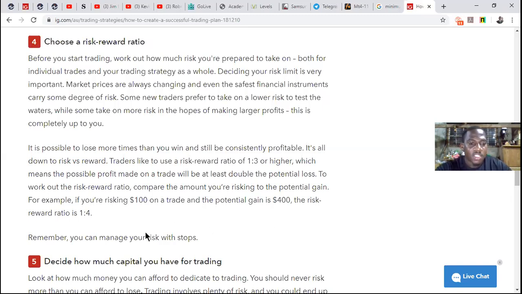Remember, you can manage your risk with stops or stop losses, right? So Stevenson goes for that low risk, high reward strategy, right? Where he could enter a trade and he could get stopped out because there's only 11 pips. He could get stopped out 5 times, and you will find when he enters his sixth trade, it may just go in his direction, and he would make back all the money he lost and more.